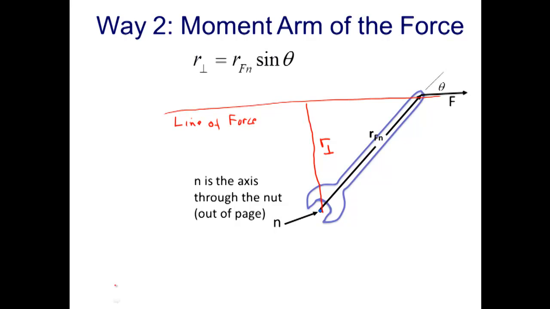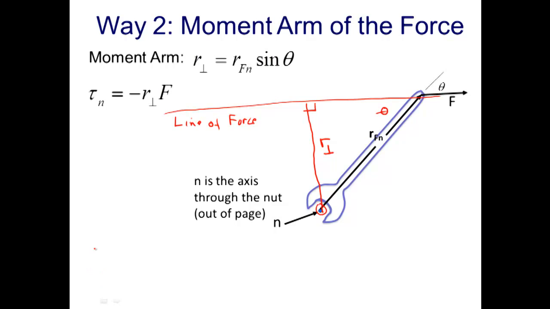We can find that moment arm by looking at the angle here. This angle is theta 2, so the moment arm is the distance between where the force is applied and the center that we're interested in finding the torque about, this nut again, times the sine of the angle, because it's the perpendicular distance from that line of force to the place we want to find the torque about, N.